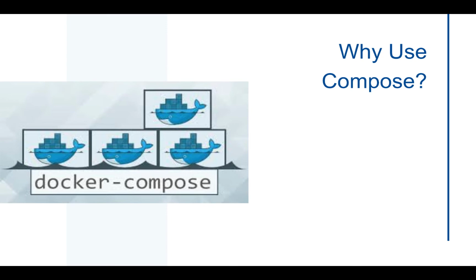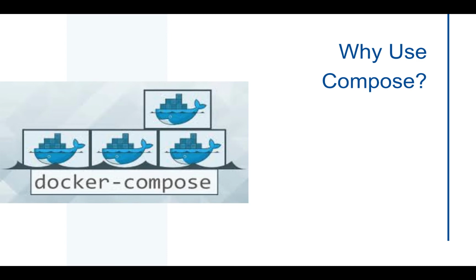So why use Compose? If your Docker application includes more than one container, for example a web server and a database running in separate containers, then building, running and connecting the containers from separate Docker files is cumbersome and time-consuming.